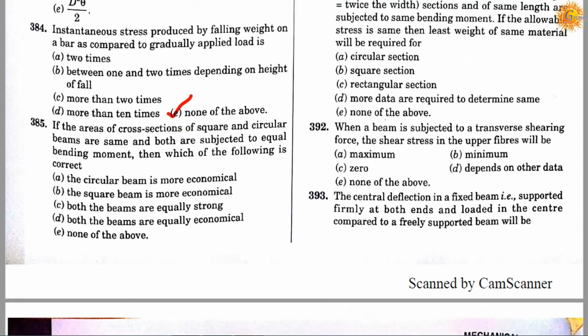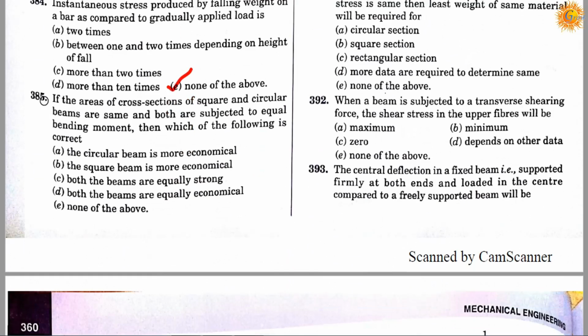Question number 385. If the areas of cross section of square and circular beams are same and both are subjected to equal bending moment, then which of the following is correct?